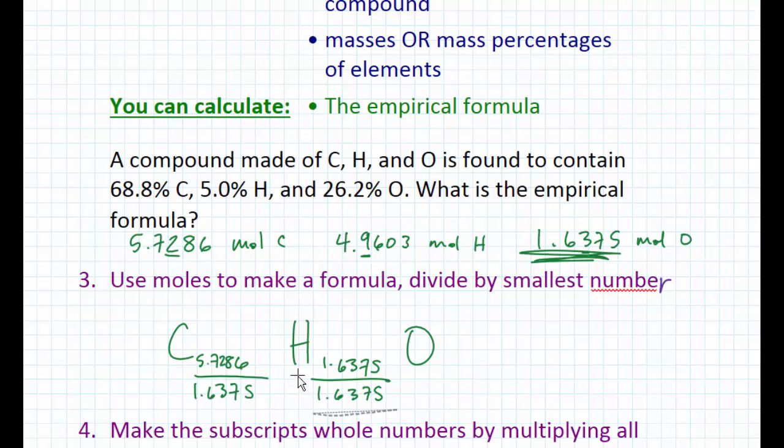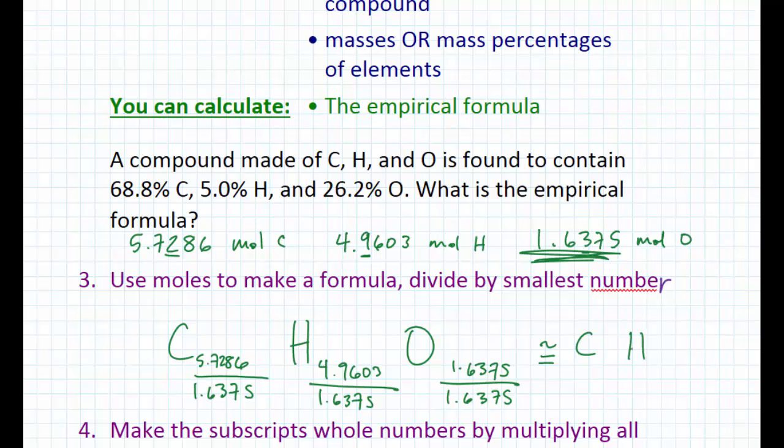Wrote the wrong one in here. That's that one. H is 4.9603. All right. So, let's put an approximately equal to.